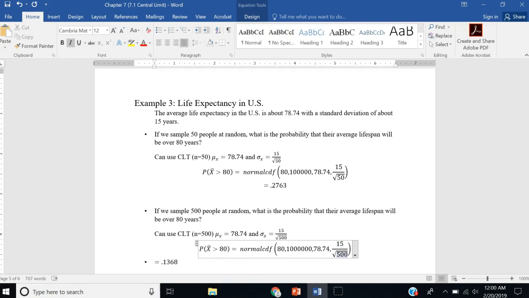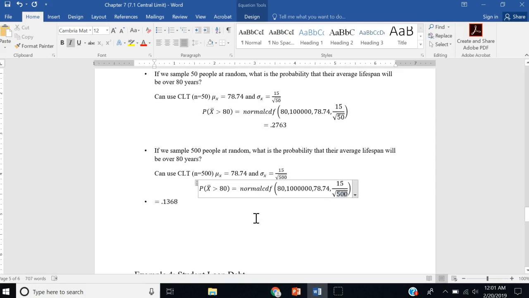Once again, on your calculator, you should be able to hit second enter, and the only difference between the first part of the problem and the second part is that we went from 50 to 500. Once you do that, what you'll see is that the chance that that group has an average life expectancy over 80 is quite lower. It's about 3%.